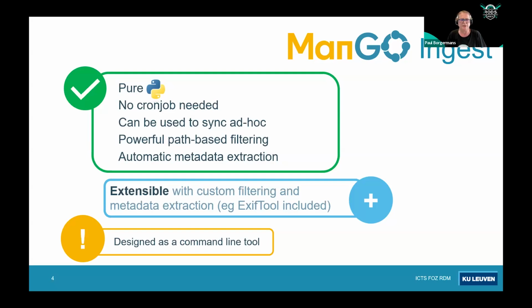It will be uploaded along with the data in iRODS and set as AVU triplets. The script itself has some powerful capabilities, but it also offers extensibility where you can enable custom filtering and also custom metadata extraction. But all in all, it is meant as a command line tool.